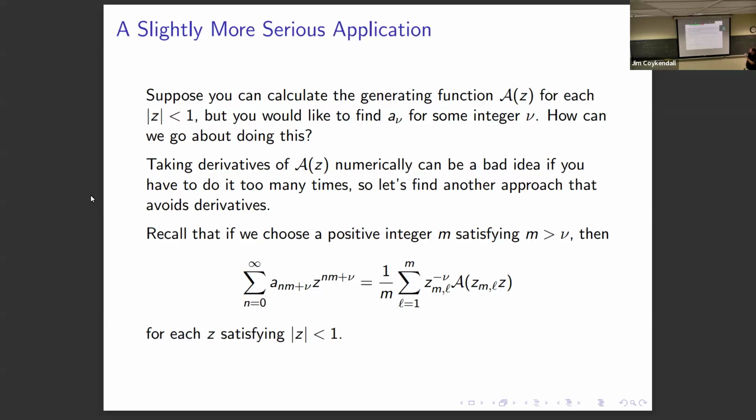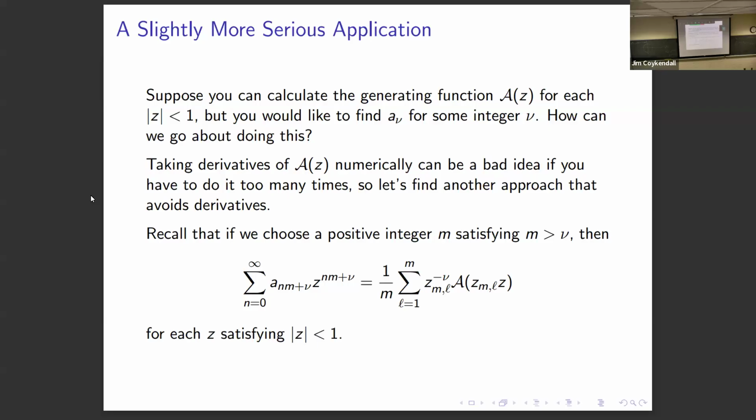Here's one possible way. What I want to do is, my end goal is to somehow use this idea to come up with a way of not only estimating a nu from the generating function, but also a way of estimating a nu where I can control the error term.